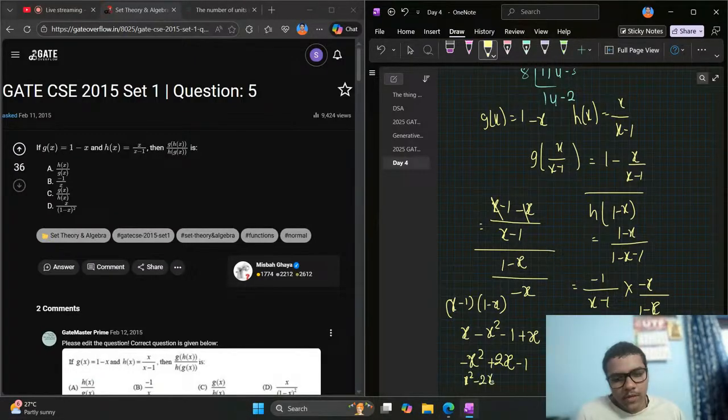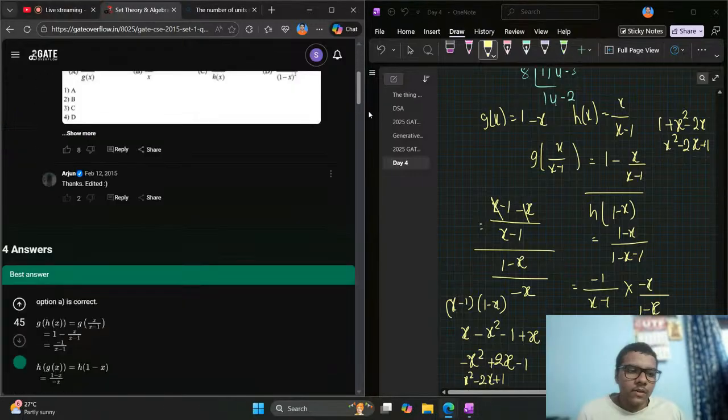X square minus 2x plus 1. Is it same as 1 minus x whole square? 1 plus x square minus 2x. Yeah, it is same as x square minus 2x plus 1. So D is your answer.